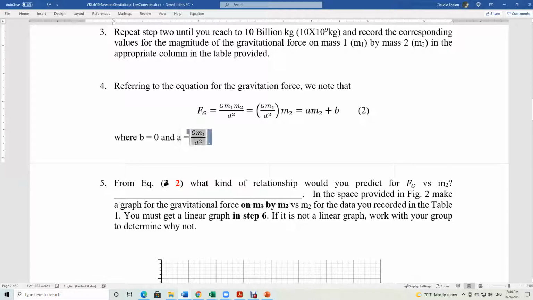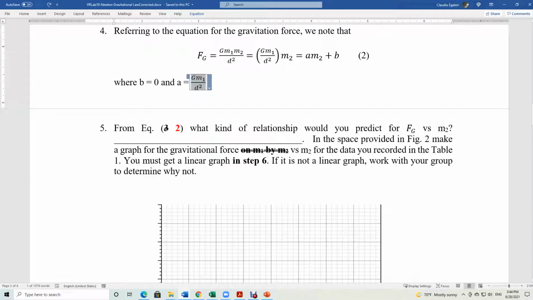This one here is what the theory predicts. The slope should be equal to G M1 divided by D squared. Okay, and then you get the G experimental from there.